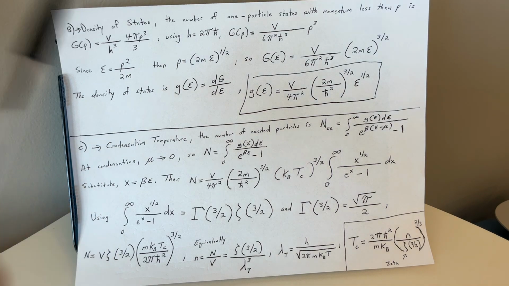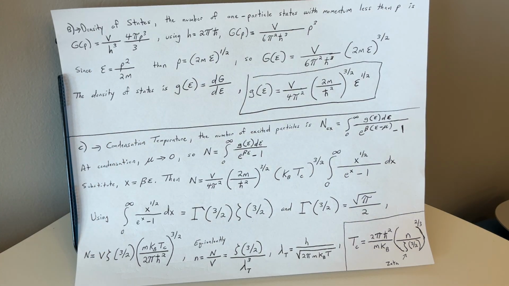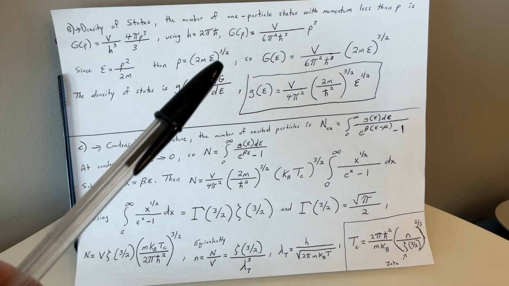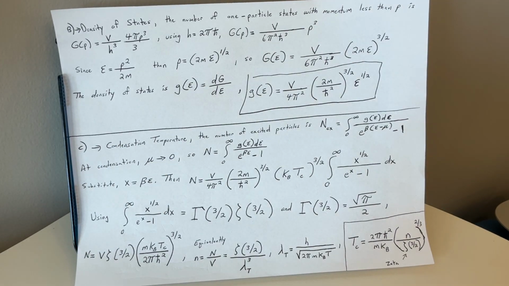And using h equals 2 pi h bar, we get G of p equals V over 6 pi squared h bar cubed, p cubed. Since epsilon equals p squared over 2m, p equals the quantity 2m epsilon to the 1/2, so G of epsilon equals V over 6 pi squared h bar cubed times the quantity 2m epsilon to the 3/2.